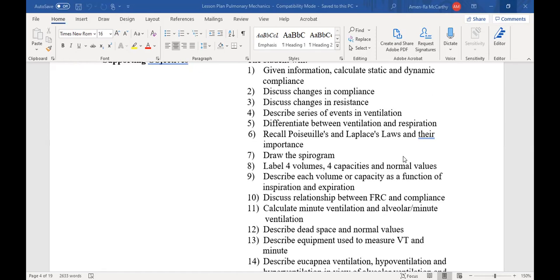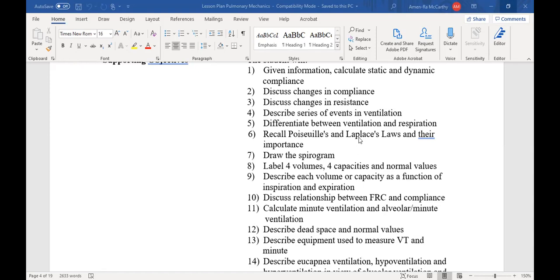Now, also, recall Pulmonary and Laplace's law and their importance. Talk about the law of Laplace. We haven't gotten to gas laws yet, but the law of Laplace talks about the raindrop. It says that because of the surface tension, the larger sphere or the larger raindrop will suck in the smaller one.